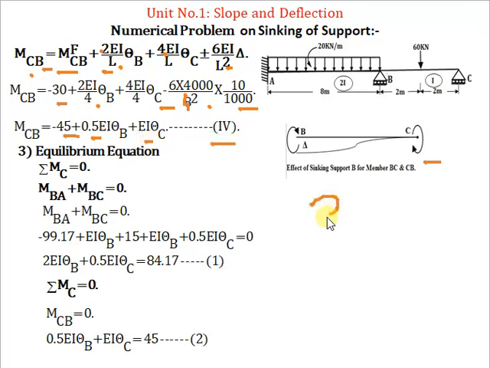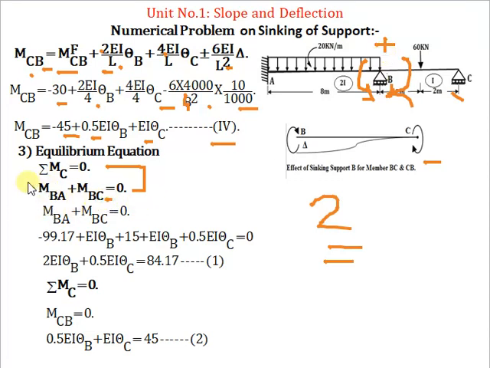Now there are two degrees of freedom, so we should know the two equations of equilibrium. The first one is at C the moment is equal to 0, and at B the moment coming from either side, their summation should be equal to 0 to maintain the equilibrium. So MBA plus MBC is equal to 0.